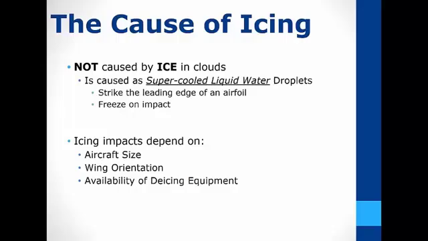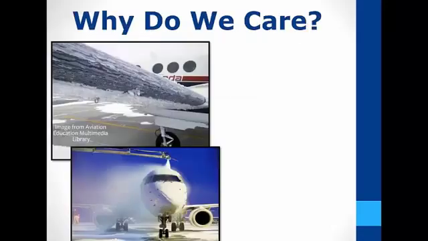The impact of icing is most dependent on aircraft size, the duration of exposure to the ice, and the wing orientation, which can impact the amount of ice that we see across an aircraft.